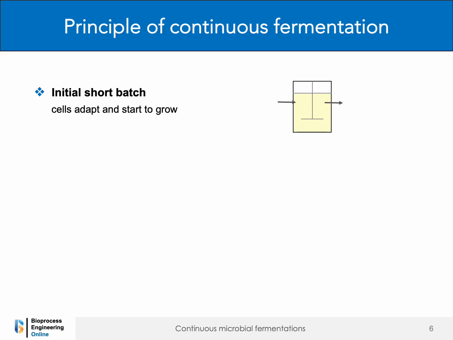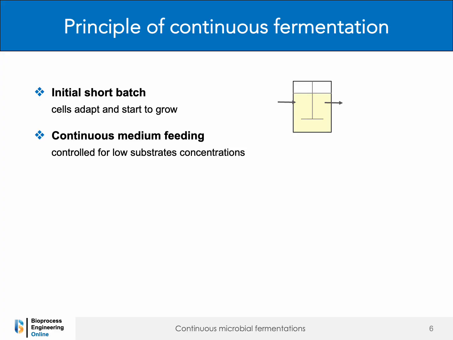When operated in continuous mode, the fermenter is first filled with fresh medium and then inoculated with microbial cells. The process initially proceeds as a batch phase, during which the cells adapt to their new environment and begin to grow. After this adaptation period, a continuous flow of fresh feed medium is gradually introduced into the fermenter.